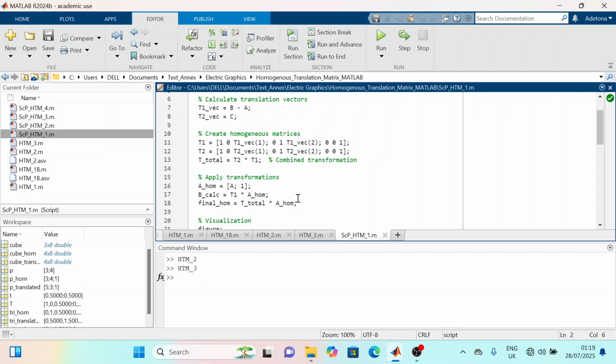A 3 by 1 can be multiplied by any homogeneous transformation matrix here, and that's what we have done here. That is, at B, you make use of the homogeneous transformation matrix that we obtained here. We multiply it by this, and the total homogeneous transformation matrix that we obtained, you multiply it by the point that we have now converted to 3 by 1.